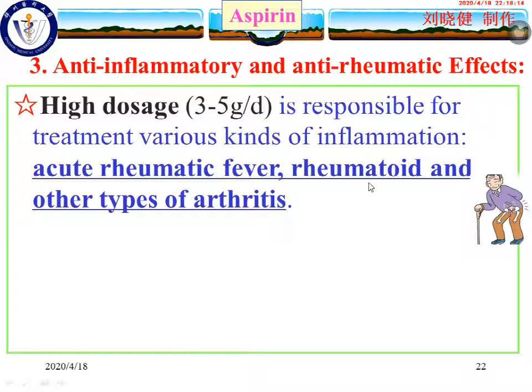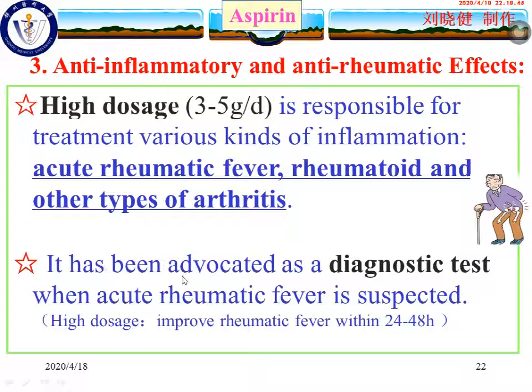I mentioned rheumatoid arthritis, which also involves inflammation, and this inflammation is also mediated by autoimmune function. When we use aspirin in high dose, it can also inhibit this inflammation.